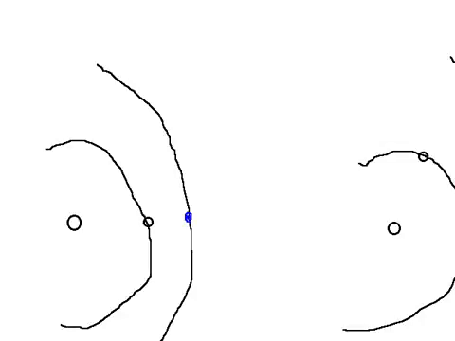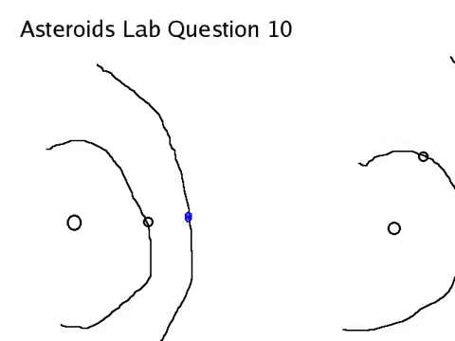So we know that it's asteroid question 10. Okay, yeah, the question is, how many times brighter is the asteroid in position, I think this is case A. Yeah, case A and case B. So let me just label the two cases.